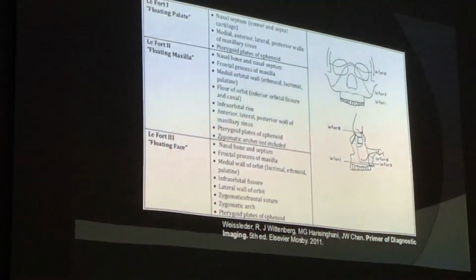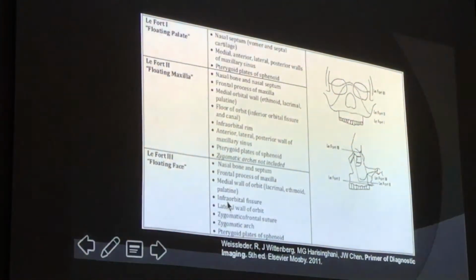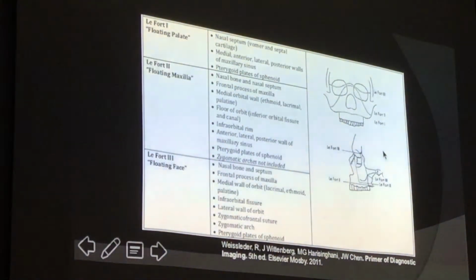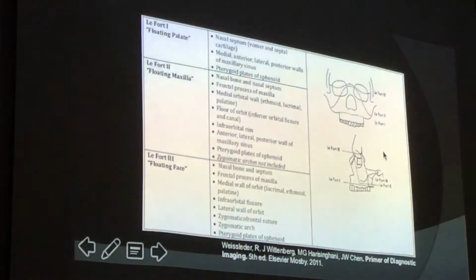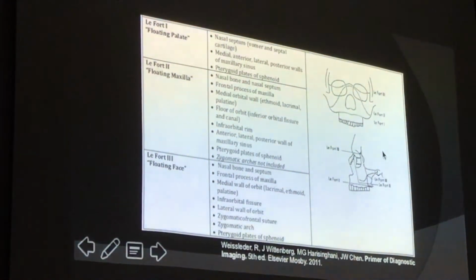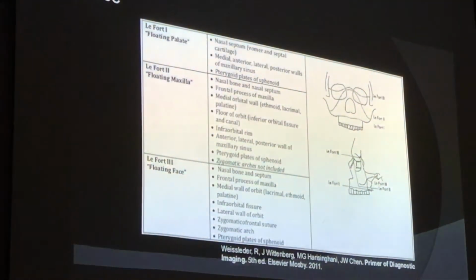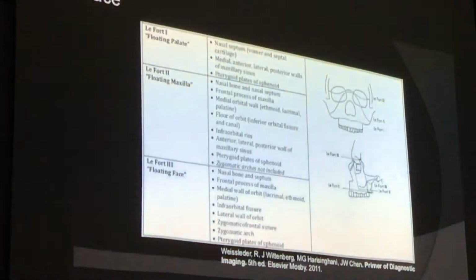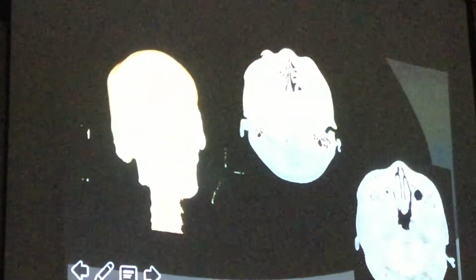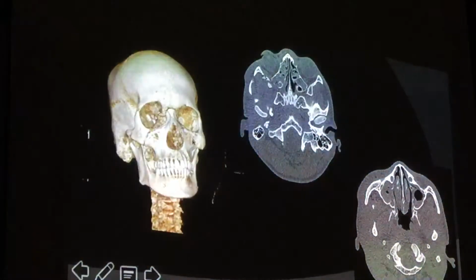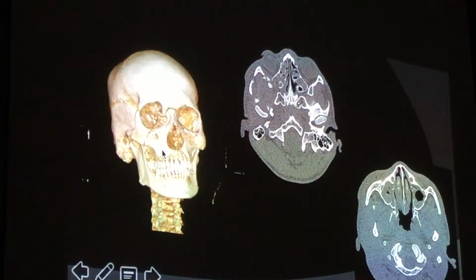And then the last one, the Le Fort 3, practically the fracture lines separate the rest of the face from the cranium. So these are best appreciated in CT scan, and you will see multiple fractures along those planes.